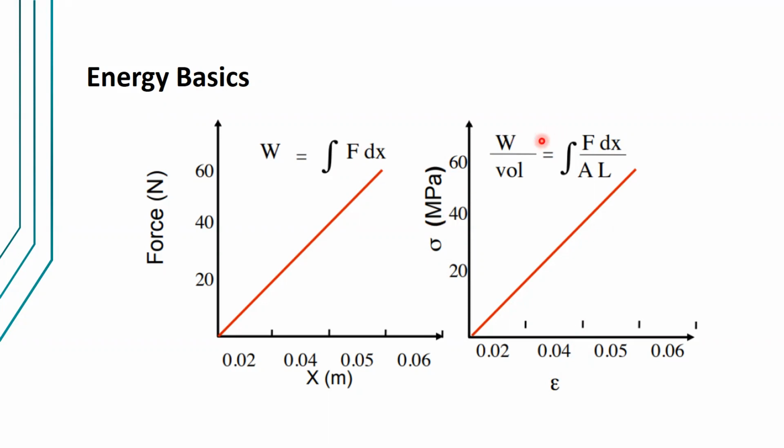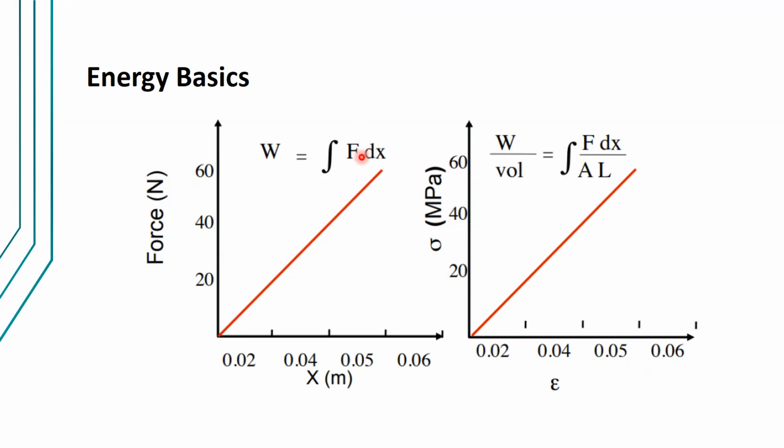If you take the area under the curve, up to the area of plastic behavior, for example, that area under the curve is your toughness, and it is expressed as work or energy per unit volume.